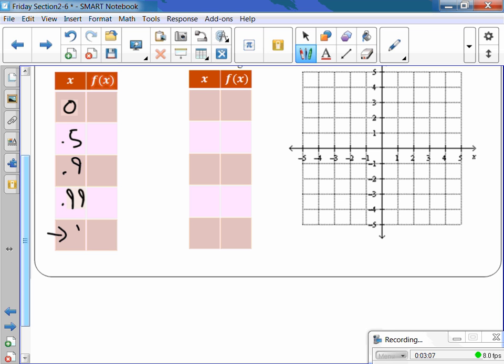I'm just getting closer and closer to the number 1, coming from the left. Coming from the right, choosing values of 2, 1.5, 1.1, 1.01. And you can do these calculations in your head. We're coming up with f of x.